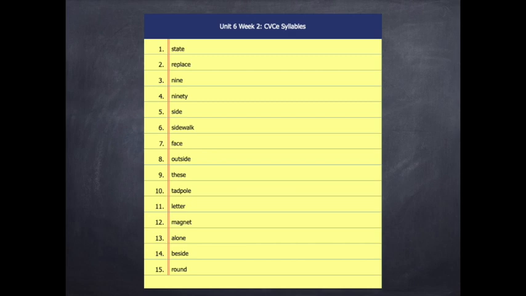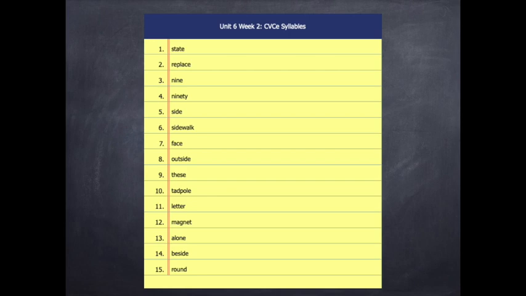And number 4 is 90. So we pronounce that 90, spelled with a TY though. It kind of wants to trick us. So 90 has 2 syllables, and we still have that bossy E. It's the same as 5 and 6, where we have side, and then we have sidewalk, right? Number 6 is a compound word, or it's a word with 2 or more syllables, sidewalk.